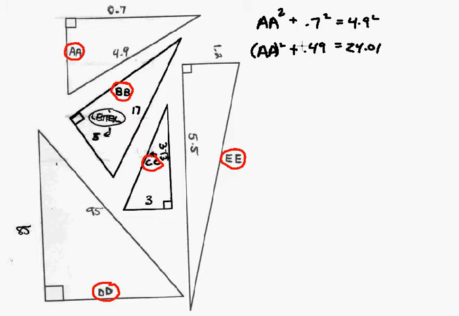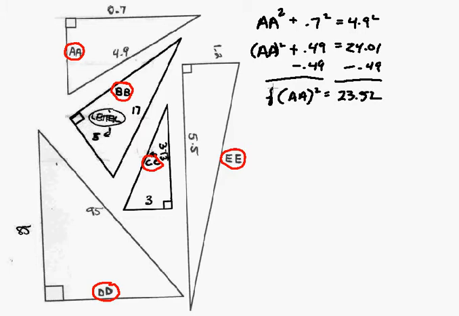So if I subtract 0.49 from both sides of the equation, I wind up getting 23.52. So this side, AA squared, is equal to 23.52.